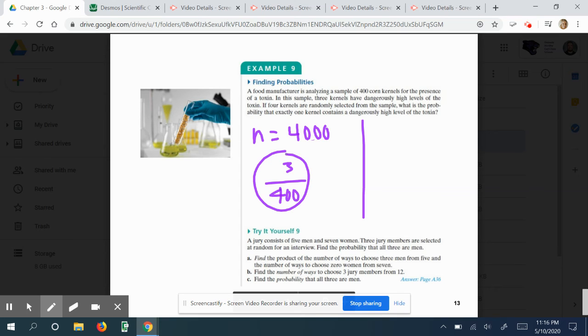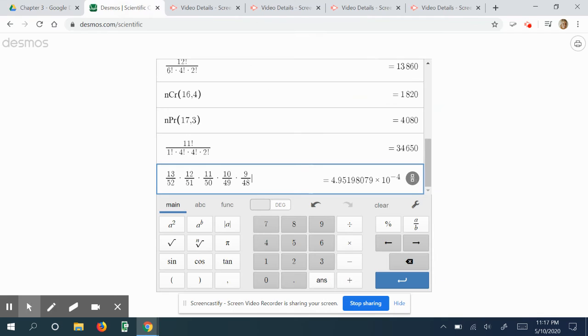toxin? So that right there is going to be a combination. It doesn't say the first or the second one or whatever. So we're going to be looking at n equals 4 because we're taking 4 and we're taking one at a time, right? So 4 combination of 1. So we go here.